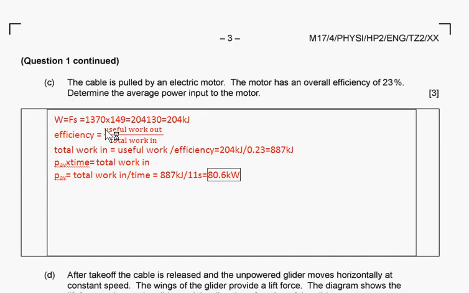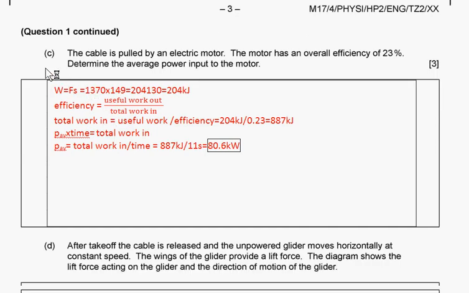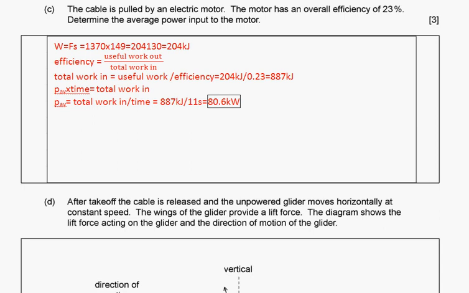C. The cable is pulled by an electric motor. The motor has an overall efficiency of 23%. Determine the average power input to the motor. So useful work done is force times distance. The efficiency formula lets us find total work in.